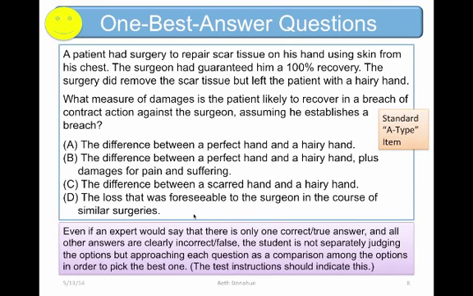And in this case, the question is, what measure of damages is the patient likely to recover in a breach of contract action? And this is the classic hairy hand case. There's only really one correct answer here. All of the other answers are incorrect, or you could imagine false, right? There's only one true correct answer.